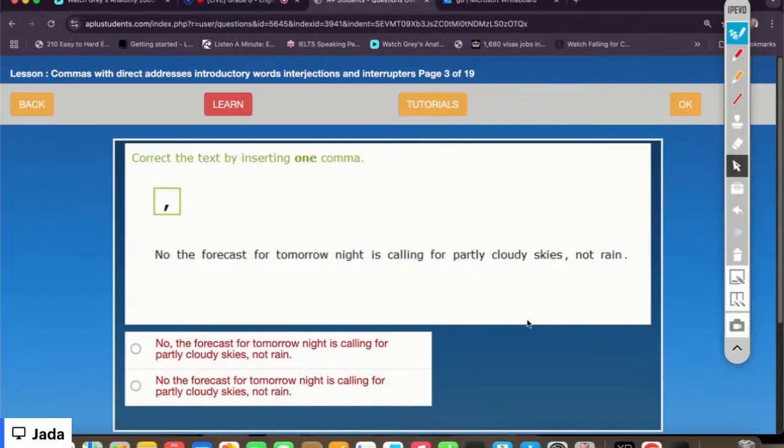"No, the forecast for tomorrow night is calling for partly cloudy skies, not rain." First or second?